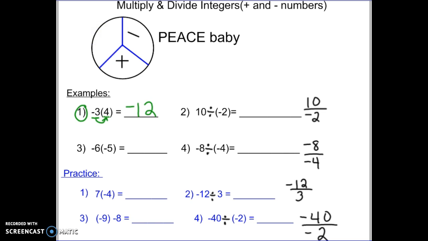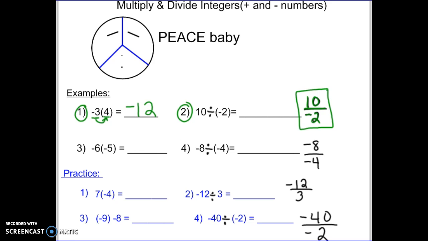Okay, let's go on to the second example. Number 2, we are dividing a +10 divided by a -2. Now you also may see that division problem written in fraction form. Remember that fraction bar means to divide. So this means 10 divided by -2. You could see it written both of these ways. Because 10 is a positive number, use your Peace Baby and cover up that positive sign. Just hold your finger over it.